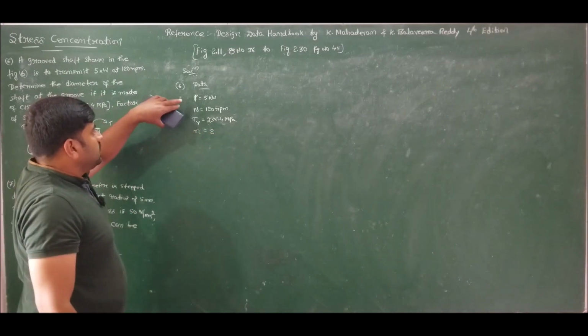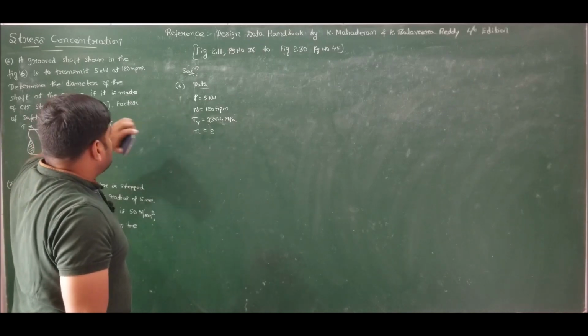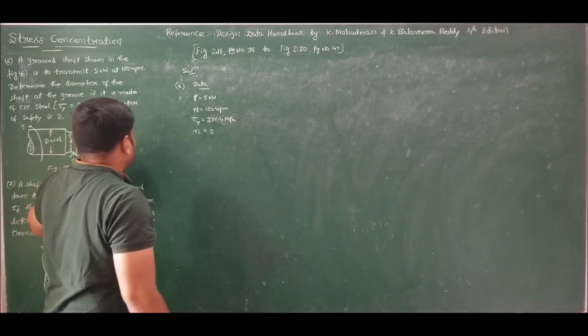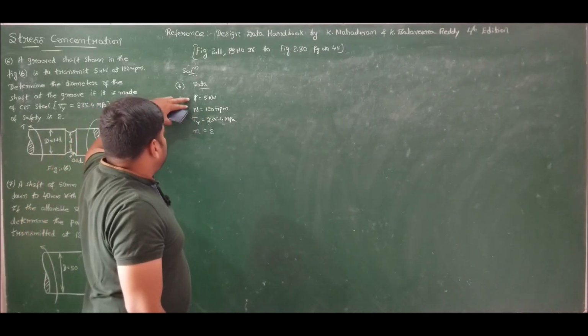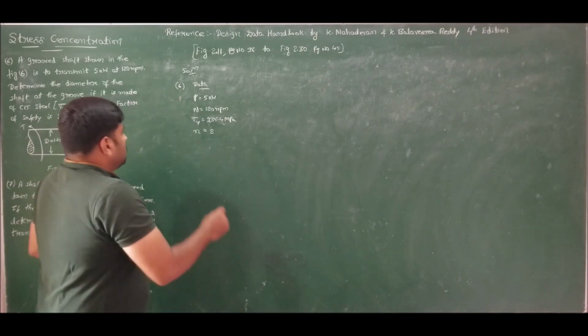Now to determine the stress concentration factor or the diameter, we want torque. Torque is missing. How much torque? He has not specified it, but he has specified power and rpm, thereby I can find out the torque.